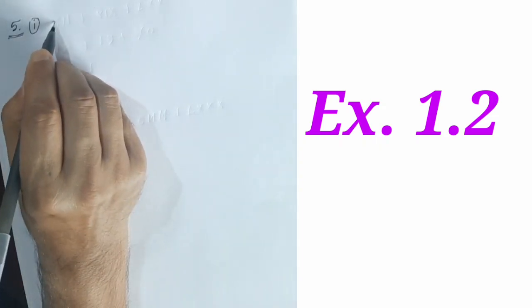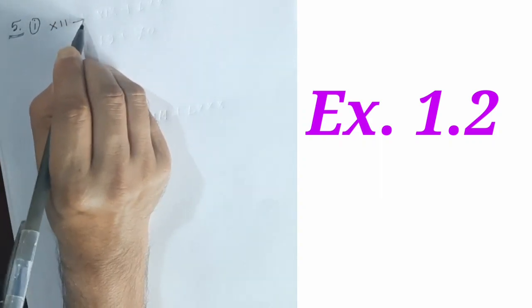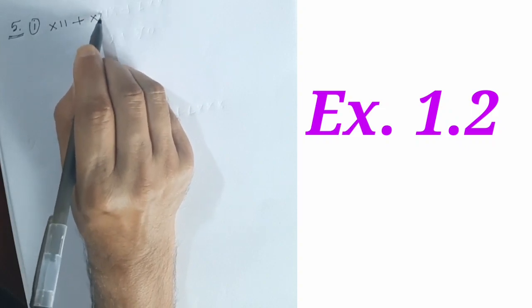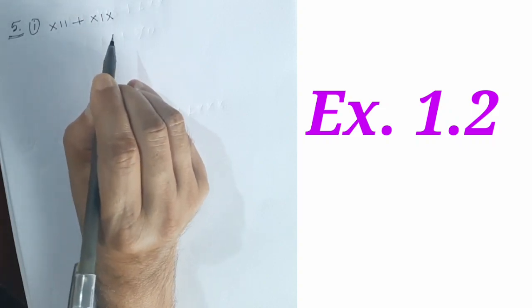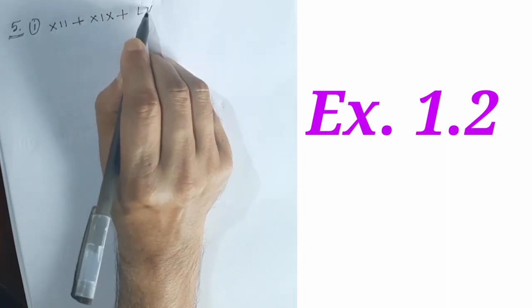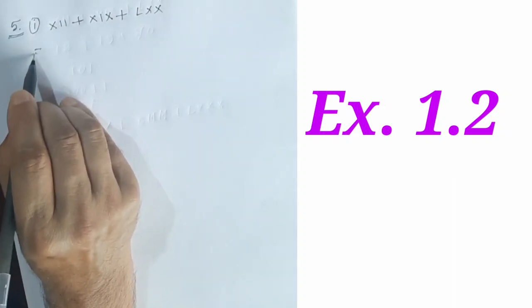Okay. So here the first question is XII, that is 12, plus XIX is 19, and then plus LXX is 50, 60, 70. So now we will convert this.